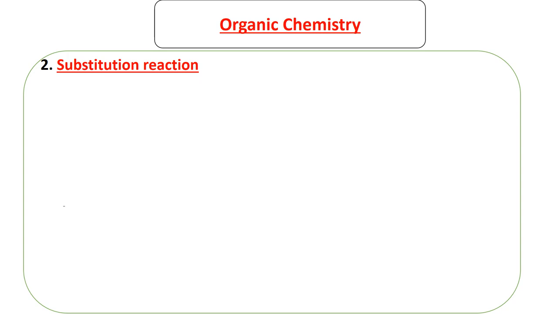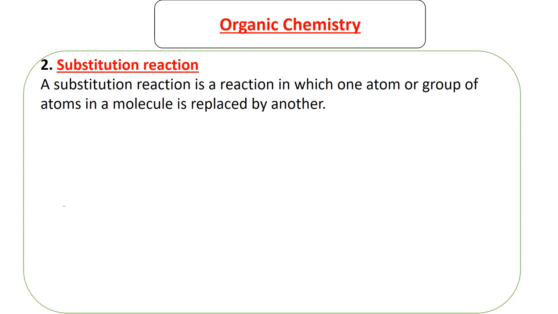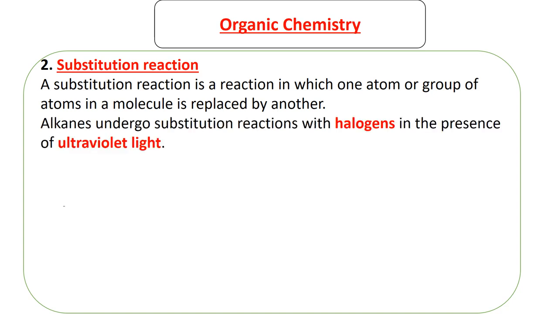Just like in football, substitution involves someone being replaced by someone else. So a substitution reaction is a reaction in which one atom or group of atoms in a molecule is replaced by another. Alkanes undergo substitution reactions with halogens in the presence of ultraviolet light.